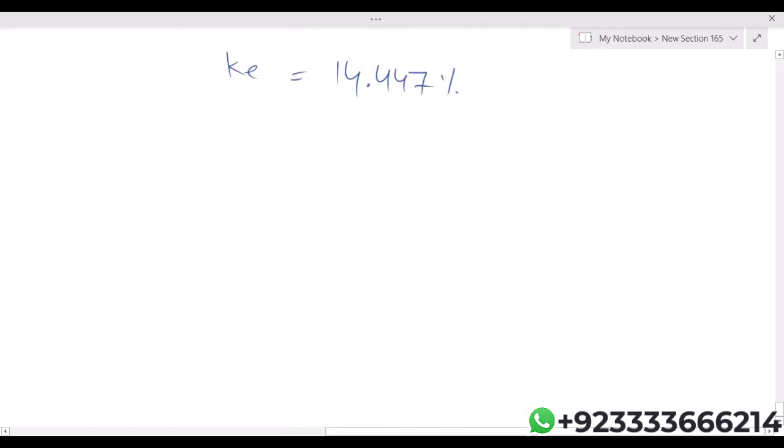Now, students, listen carefully. There is another way of calculating annual dividend growth rate, that is by using the Gordon growth model. So what is the Gordon growth model?